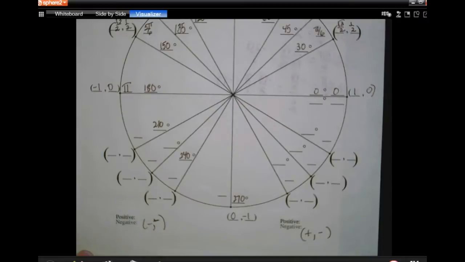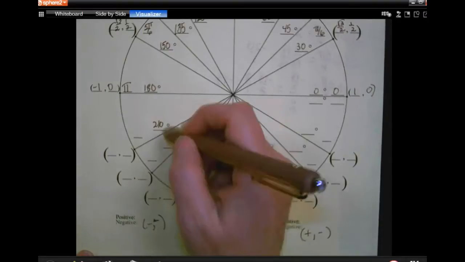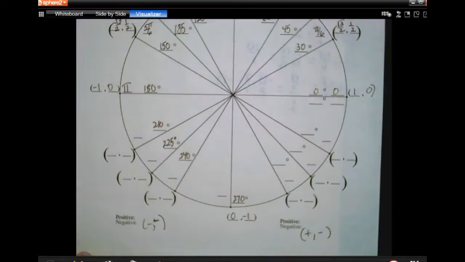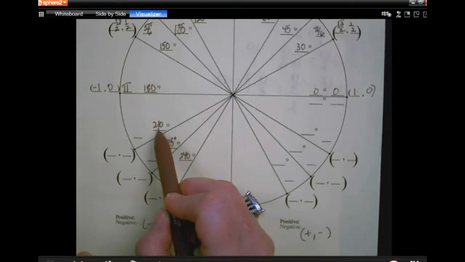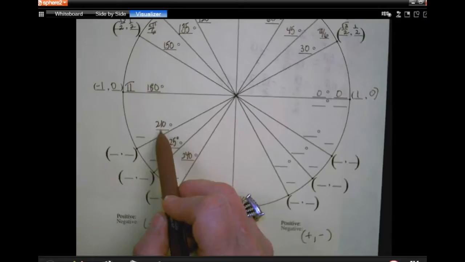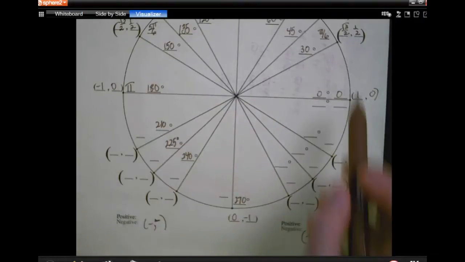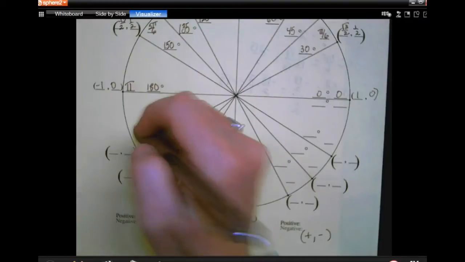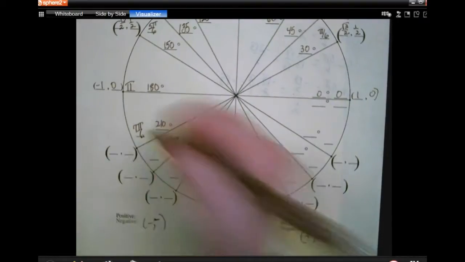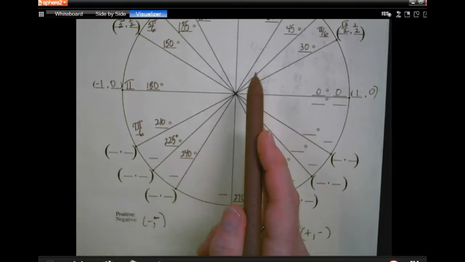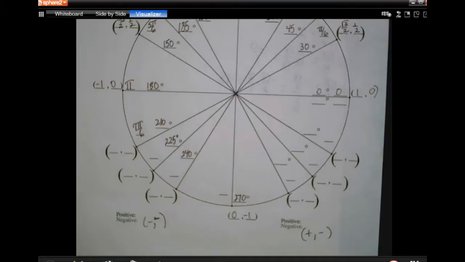To get from 210 to the next one, I'm going to add 15, so I get 225. So 210 would be how many 30 degrees? 7 if you're multiplying correctly. So pi over 6, so I'm going to get 7 pi over 6. 240 is how many 60s? 4.